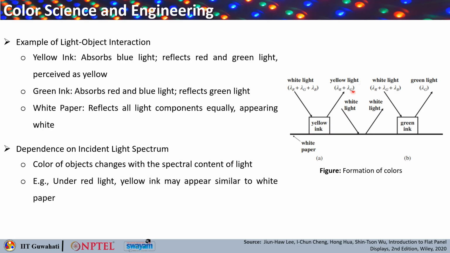Okay. So, it will basically reflect, so it will look as if it is similar to this white paper. So, in short, you can say under red light this yellow ink will appear similar to the white paper.